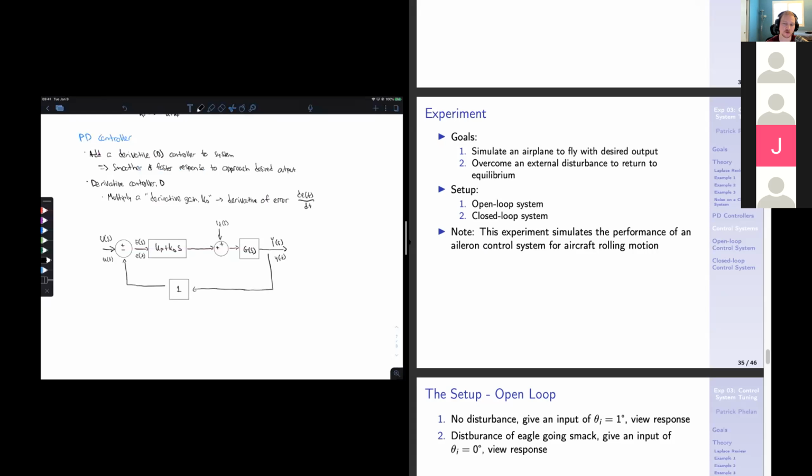And for some scenarios, we're going to have to overcome an external disturbance, like a bird strike on the airplane, to return to equilibrium. Okay, so we're going to have two different setups. We're going to have an open loop system and a closed loop system. And just of note, this experiment is simulating the performance of an aileron control system for an aircraft's rolling motion.